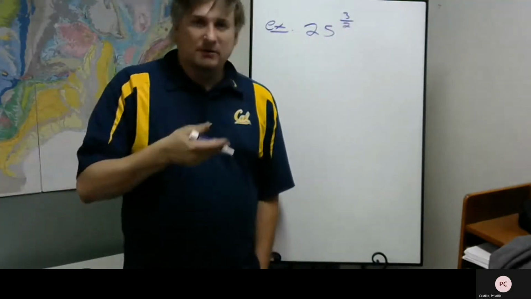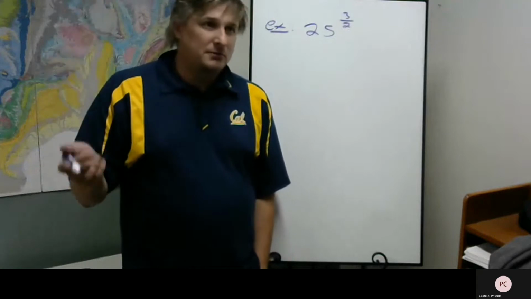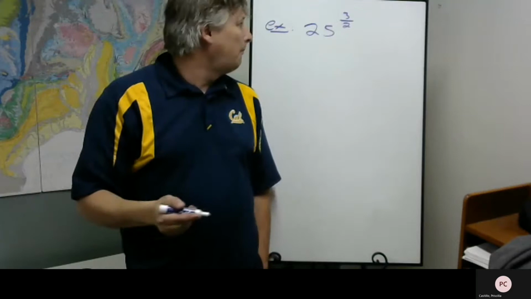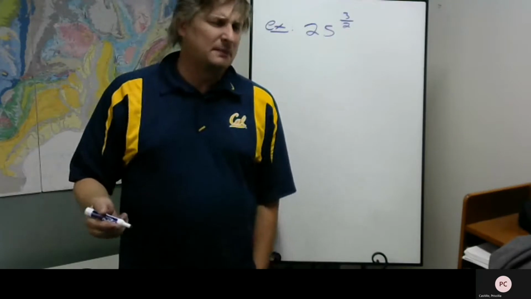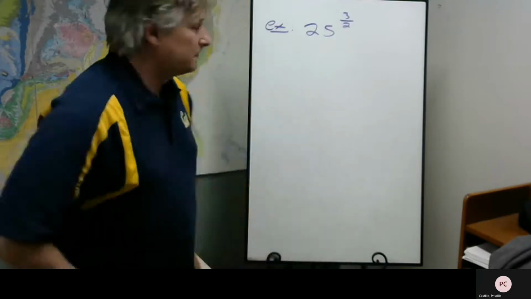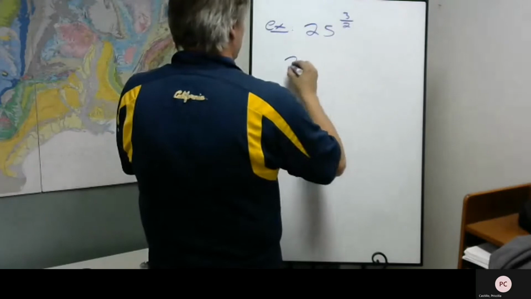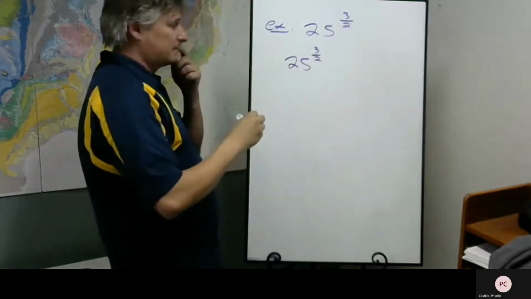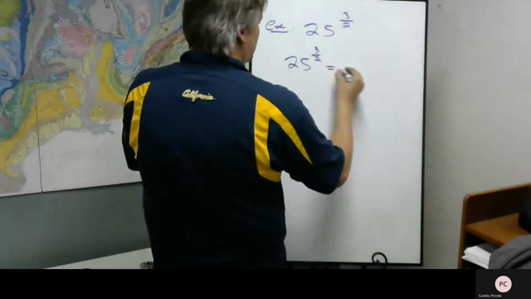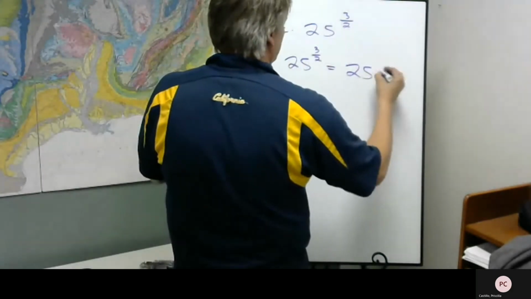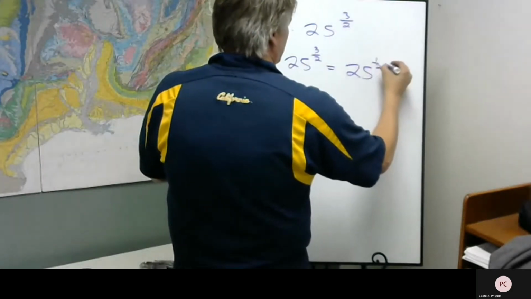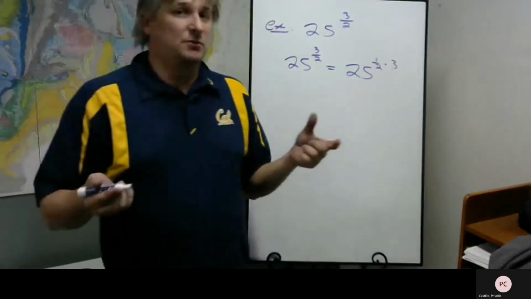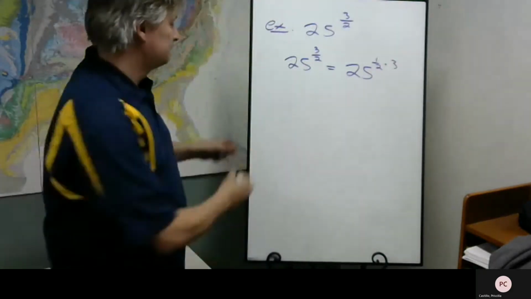Now, in our little formula that a to the 1 over n is the nth root of a, we had 1 over n, not 3 over n. So this is what we can do. We're going to use those rules from chapter 1. And we can rewrite this as 25 to the 1/2 times 3. Because 3 times 1/2 gives you 3 halves.